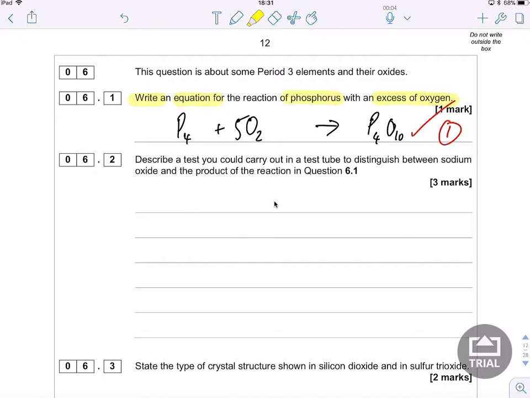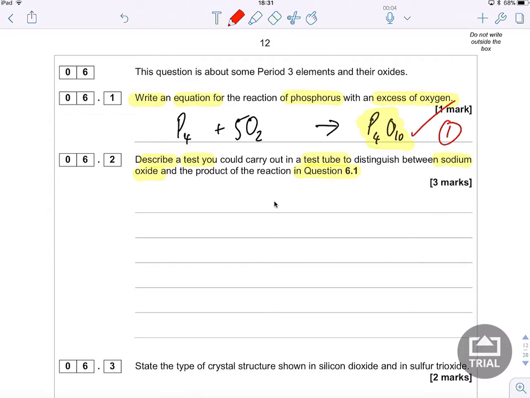Next question, describe a test you could carry out in a test tube to distinguish between sodium oxide and the product of the reaction in question 6.1. So that's phosphorus oxide. So that one there. So basically this is testing me on whether or not I know that the metal oxides across period 3 are basic and the non-metal oxides are acidic.